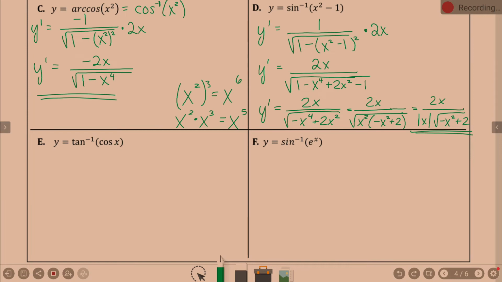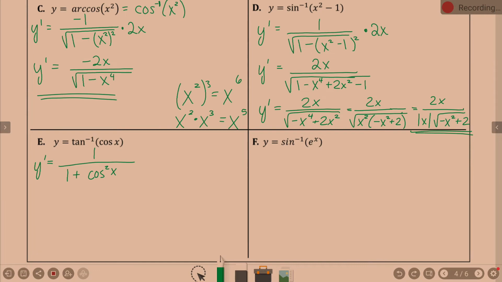Okay. y equals tangent inverse of cosine x. What is the derivative of tangent inverse of something? One over 1 plus something squared, something being cosine.